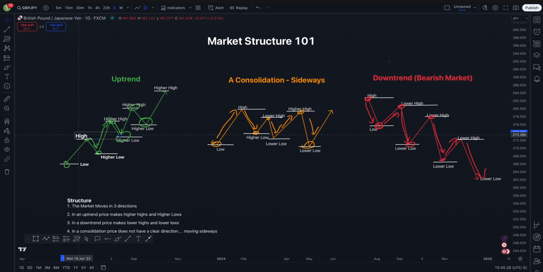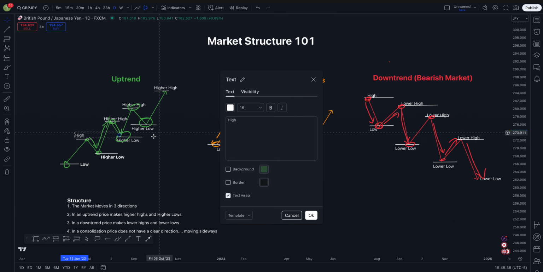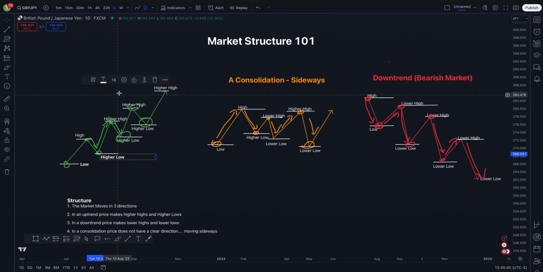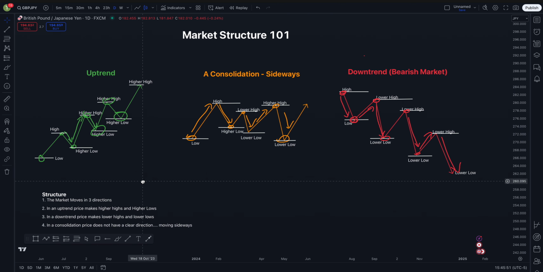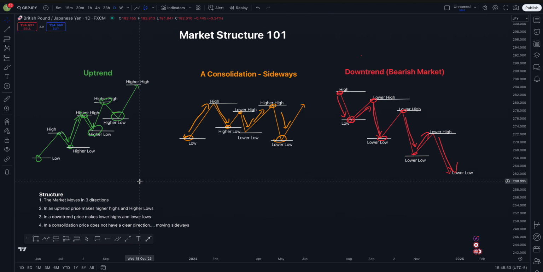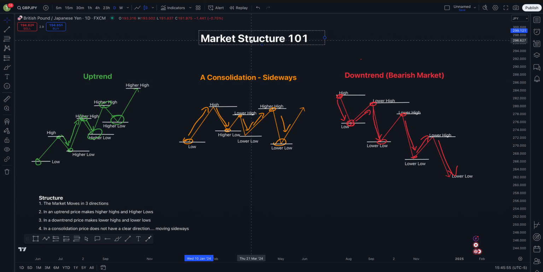If you need to watch this video 3 or 4 times to get it, please do, because this is the framework of what is going to get you started on your trading journey. Understanding market structure, uptrend, downtrend, consolidation. This is the holy grail of the start of understanding your trading, right? So please make a note of this, and we're going to do some live examples shortly.